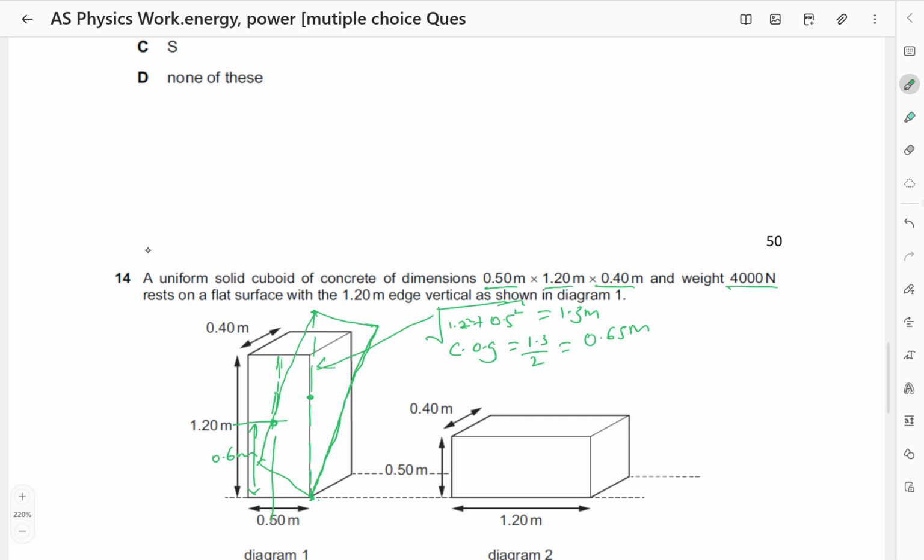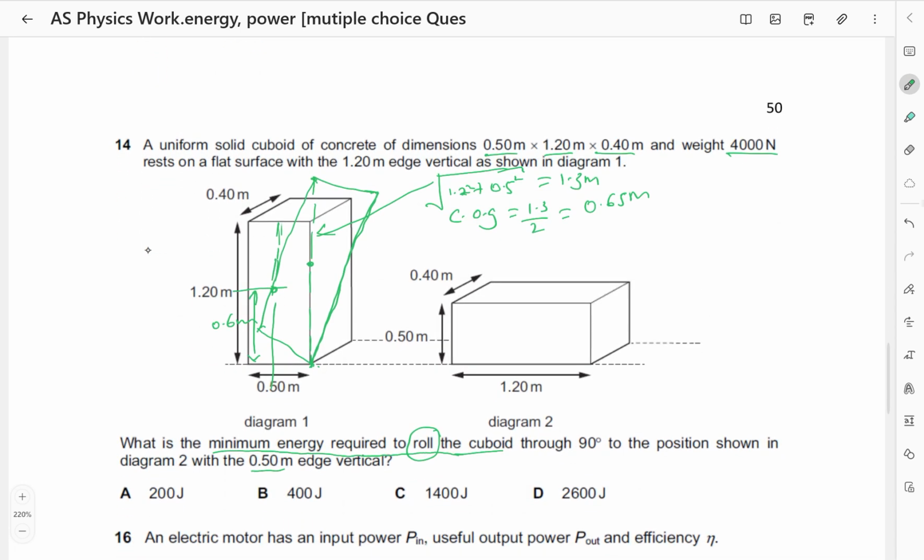0.6 meters. So we can now find the change, because the question wants us to find the minimum energy required to roll the cuboid through 90 degrees to the position shown in the figure. The change in energy when it is rolled is equal to mg times the change in the height of the center of gravity.